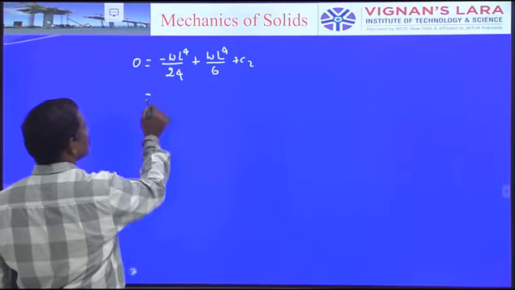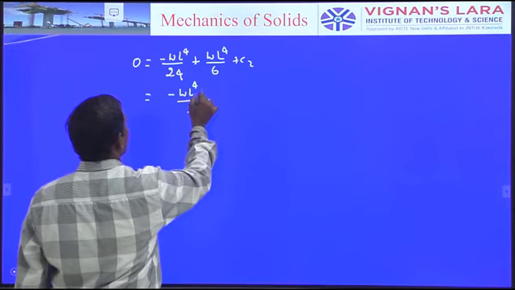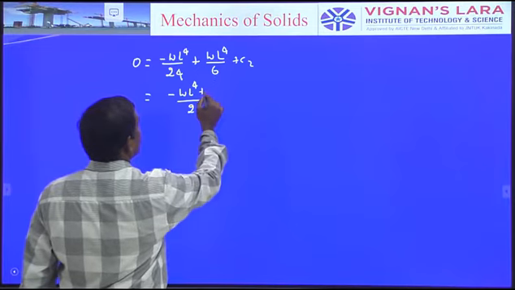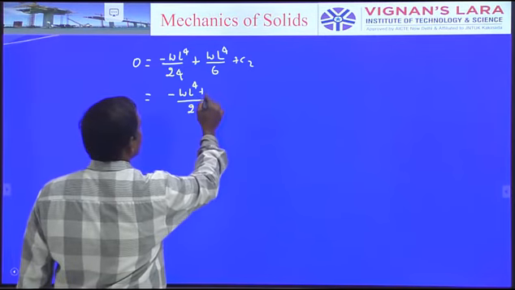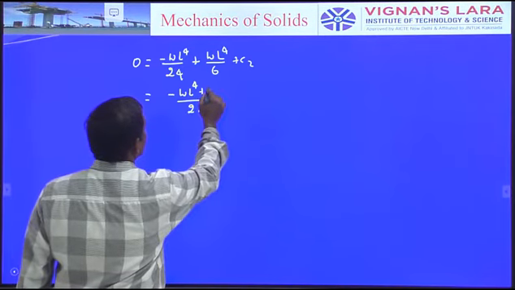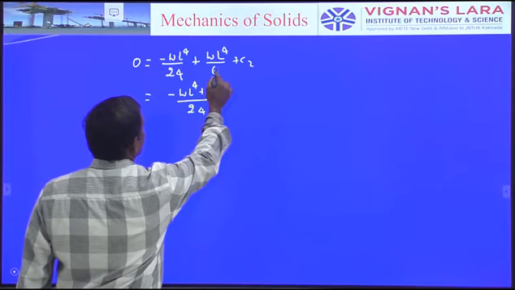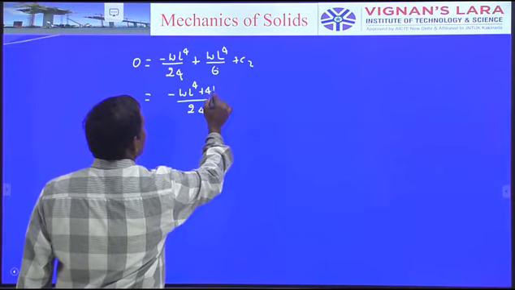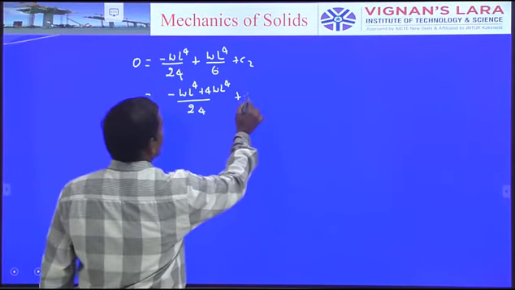After simplifying this, it is minus WL power 4 by 24 plus 4 WL power 4 by 24 plus C2.